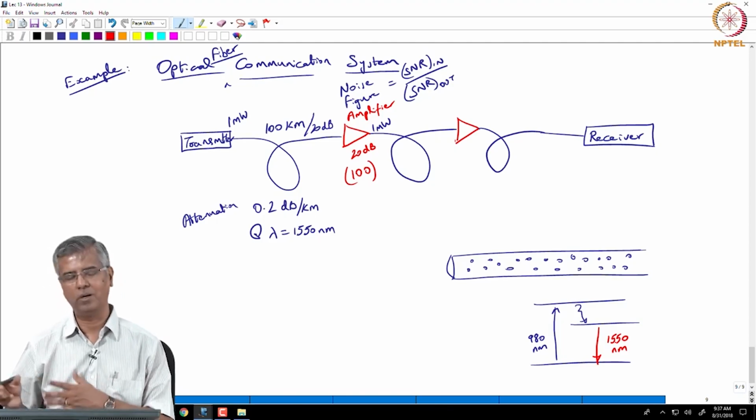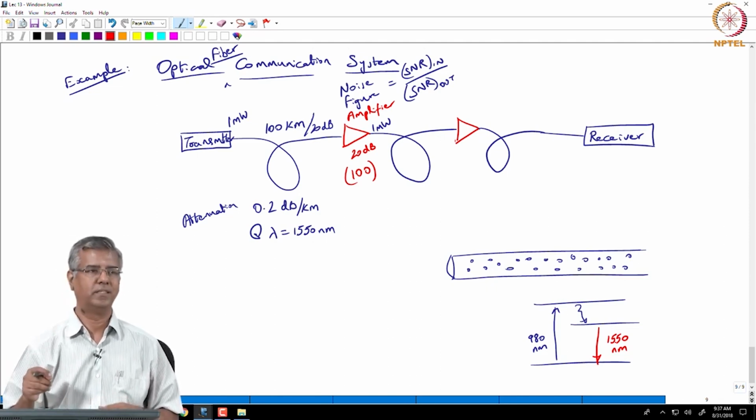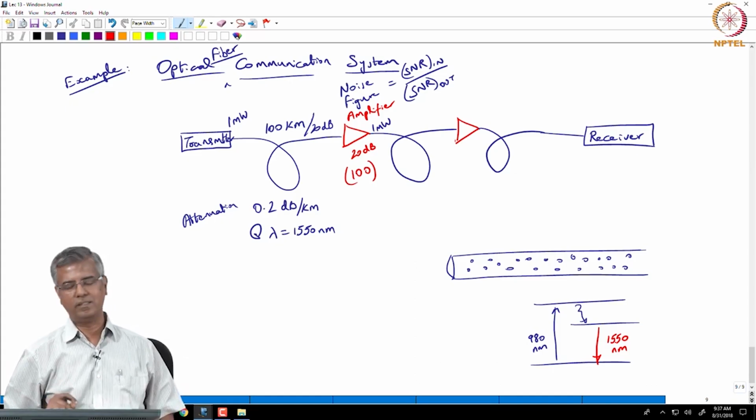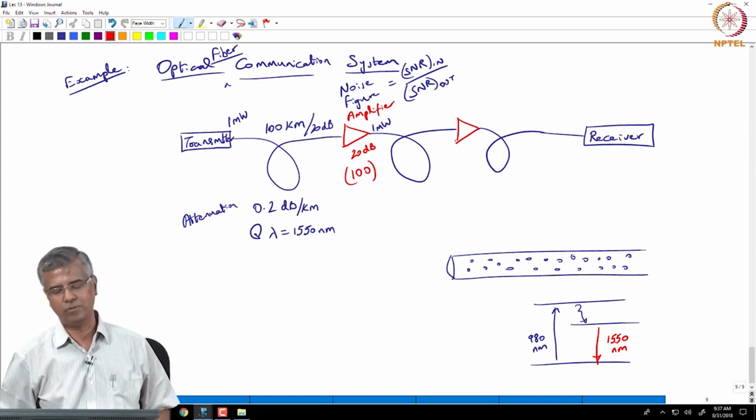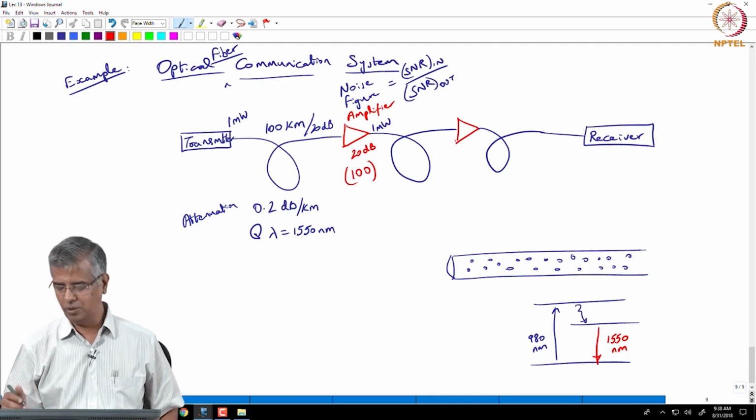So you look for which rare earth ion actually has this transition. To his credit, he found that erbium has this transition at 1550. So he doped erbium into silica.